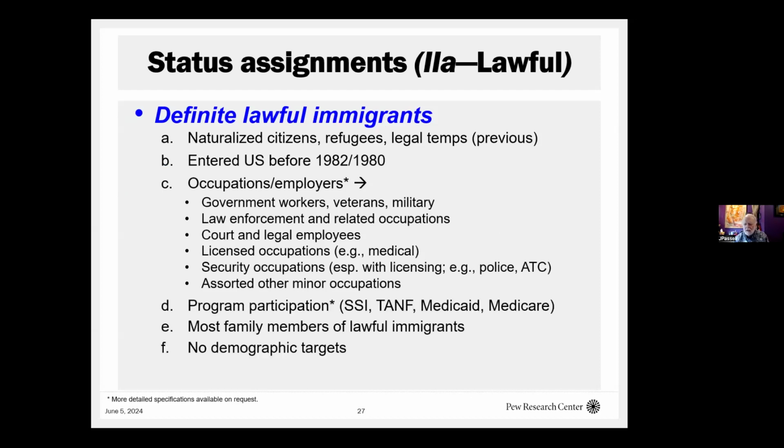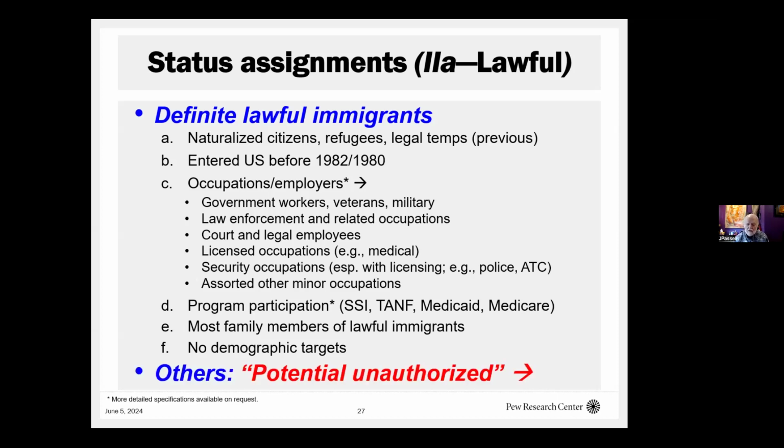If you're getting TANF, if you're getting supplemental security income, if you're enrolled in the government programs, in most places you have to be legally in the US. And most family members of lawful immigrants are lawful immigrants.